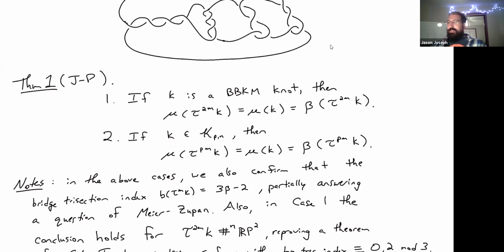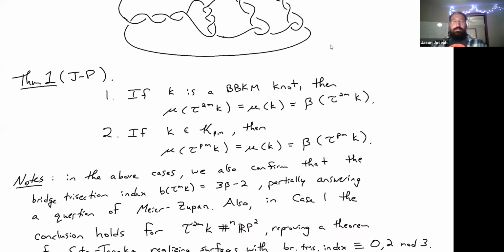So it's very confusing, but I'm calling that just B for bridge trisection index. And there's another parameter called the patch number, which is equal to the bridge number, the way I defined it. So the patch number will be this beta, meaning the knotted surface bridge number, and then the bridge trisection number will be 3 beta minus 2.